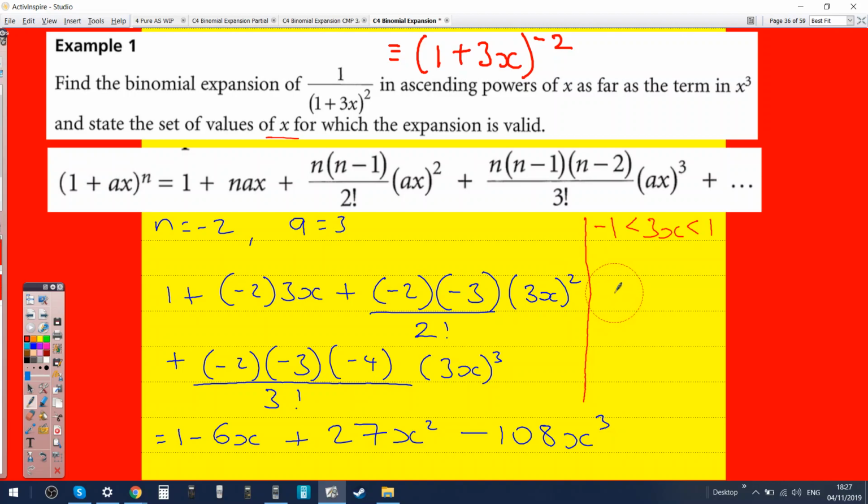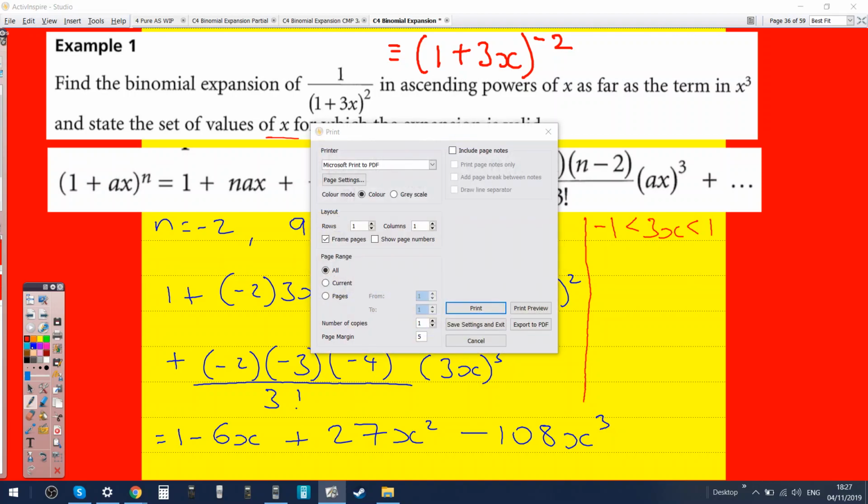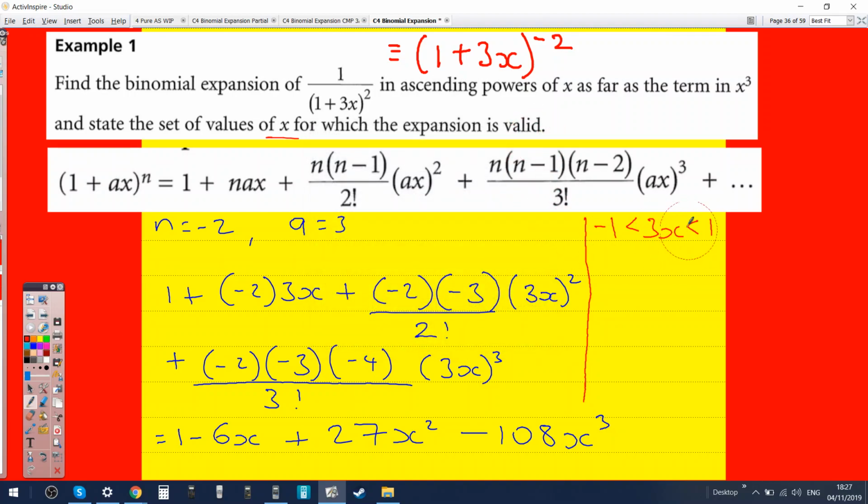Values for x. I can't remember what it said on the other side. Basically turn 3x into x. Oh, so you just change that. So x is in between minus a third and a third. Yeah. And how do you put that into the magnitude?